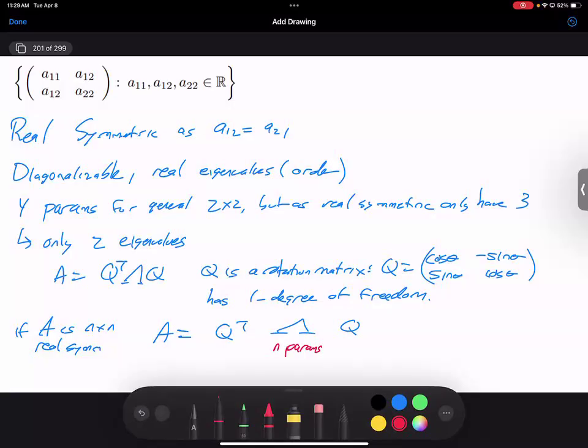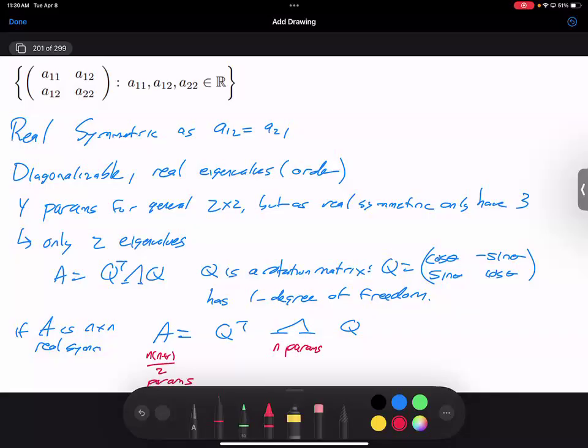How many do we get from the real symmetric matrix A? It's n times n plus 1 over 2. The first row has n, the second row has n minus 1 new things, all the way down to the last row, which has just 1 new thing. So we're summing the first n integers.